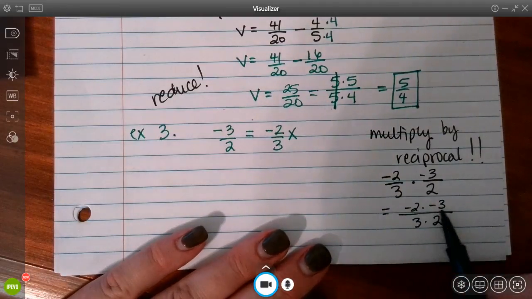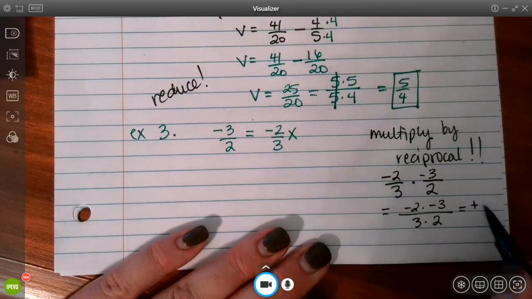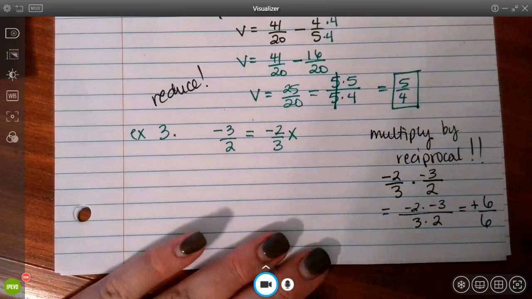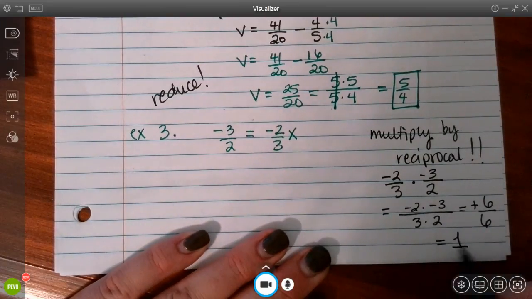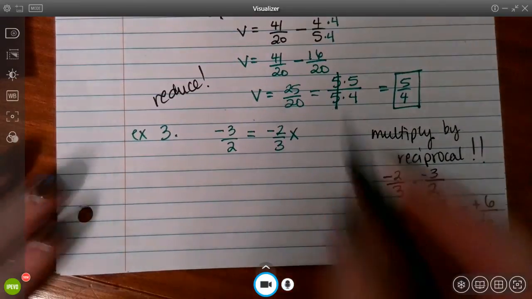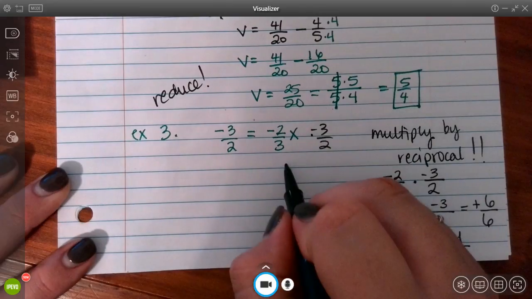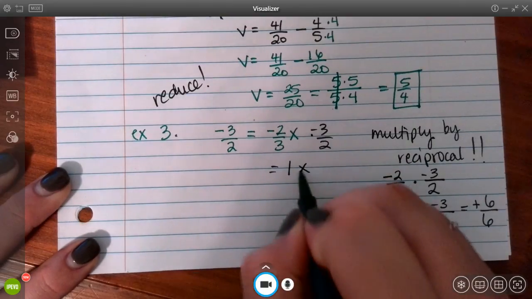Now, negative times a negative is a positive. So this is a positive 6 over 6. And we know that any number over itself equals 1. So when I multiply this side by a negative 3/2, what I'm doing is making a 1x.